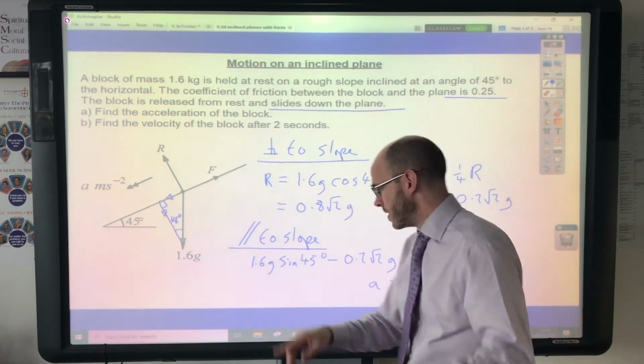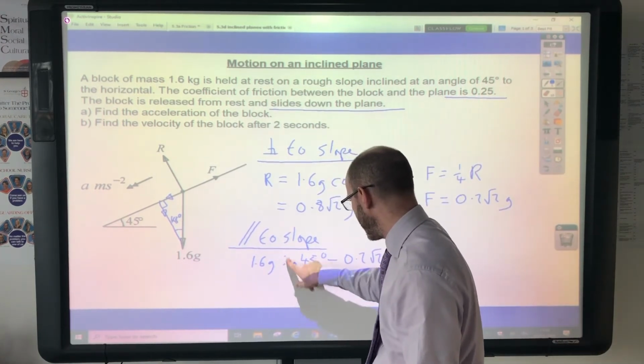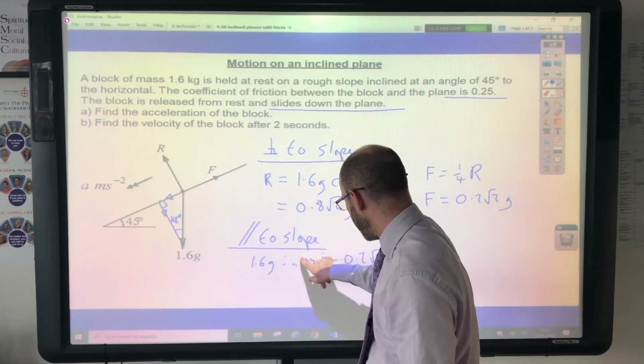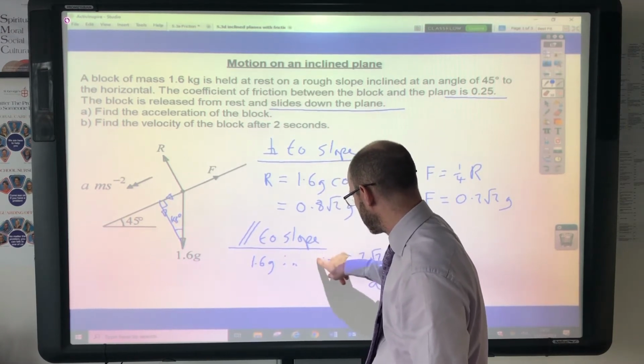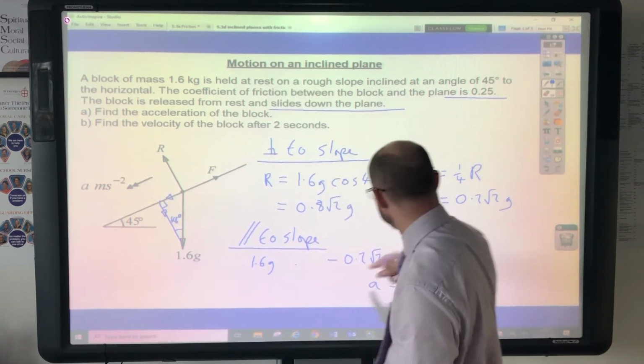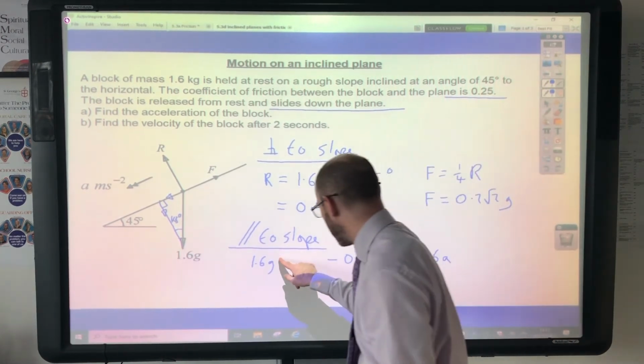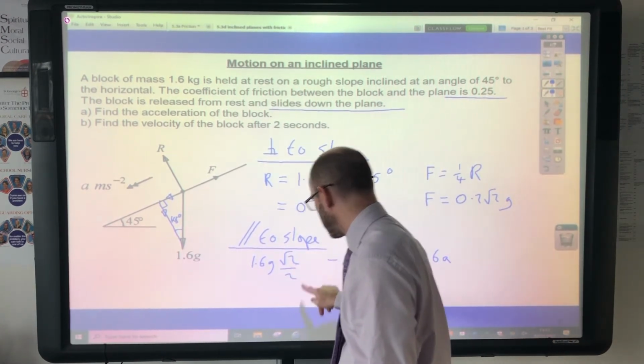While you're doing that, I'm just going to simplify this a little bit. Hopefully you got that down. You should be aware that sine 45 degrees is also 1 over root 2. If you're not aware of these interesting facts, then learn them, is my advice to you.